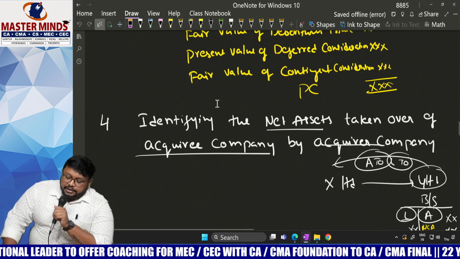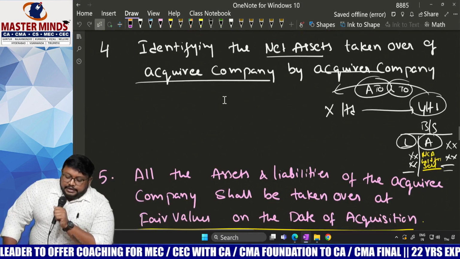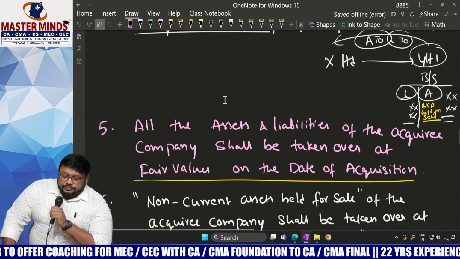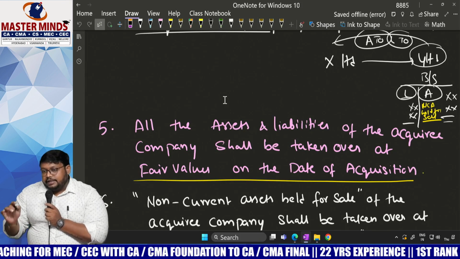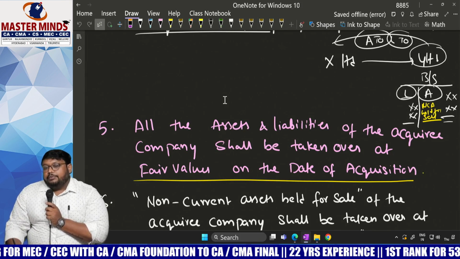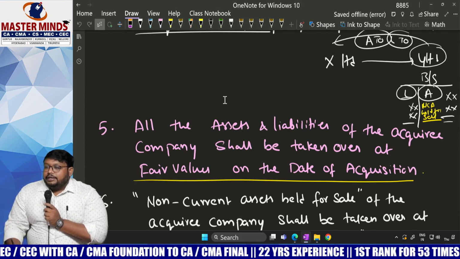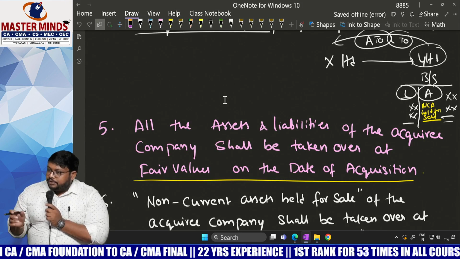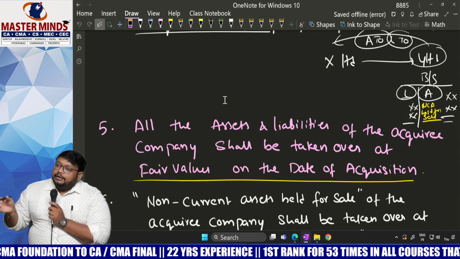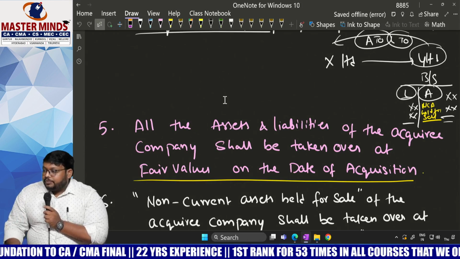So net assets we have to take. At the same time, generally all the assets and liabilities taken over from the acquiring company will be recognized at fair value on the date of acquisition. So the recognition principle here is that we have to record that fair value on the date of acquisition.